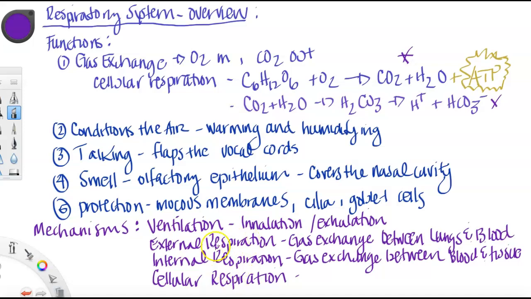So remember, we're going to talk about each one of these: ventilation, external respiration, internal respiration. We won't talk about cellular respiration until the digestive system. But remember, in gas exchange, the air gets close to the blood but does not mix with it.